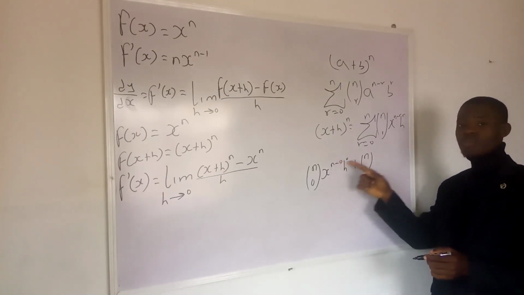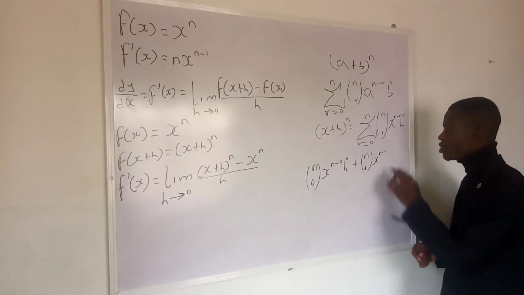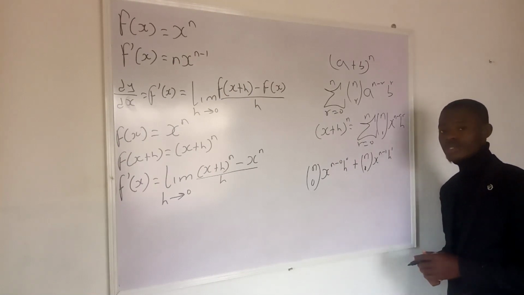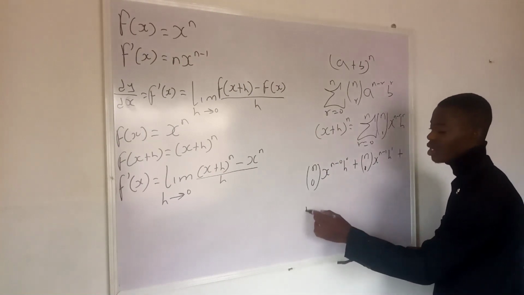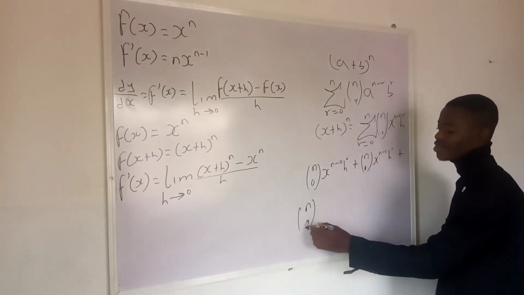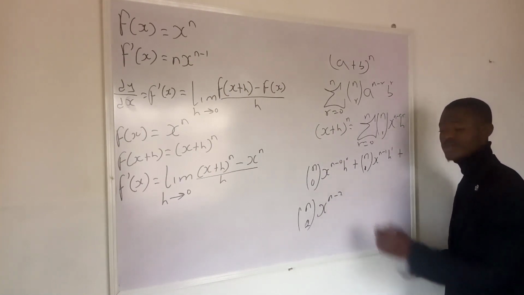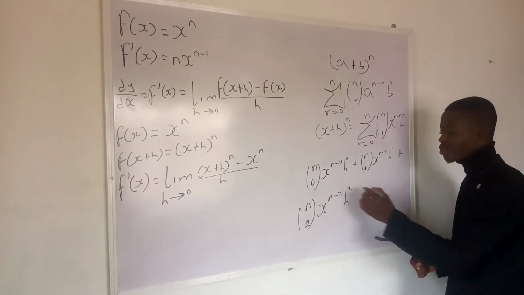So that will be x raised to the power n minus 1, then h raised to the power 1. Perfect. So again, the symbol plus. When r is 2, n combination 2, then x to the power of n minus 2, then h raised to the power of 2.